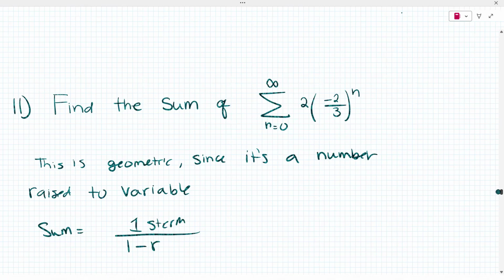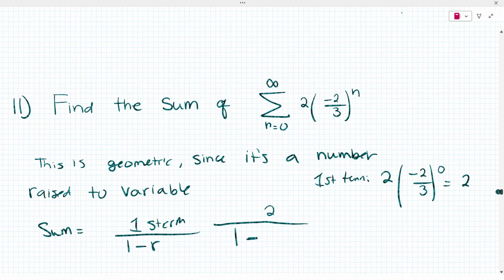My first term is going to be two times two thirds to the zero, since it starts at zero, which gives you two. That's two, over one minus my ratio. My ratio is negative two thirds.